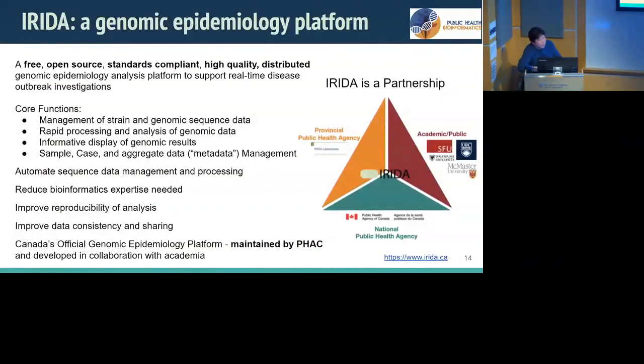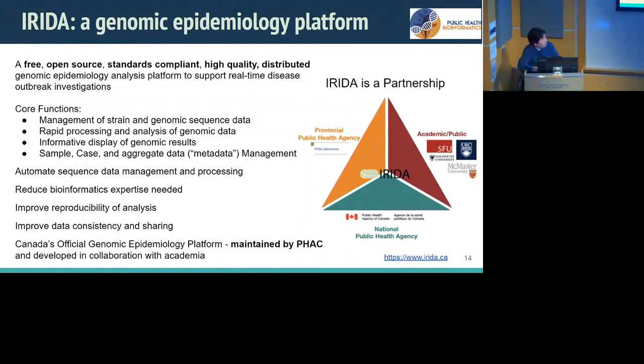The ongoing large-scale platform project that we have been working on in the last few years is the IRIDA project, which stands for Integrated Rapid Infectious Disease Analysis platform, and it's the official genomics epidemiology analysis platform for the Canadian public health system.